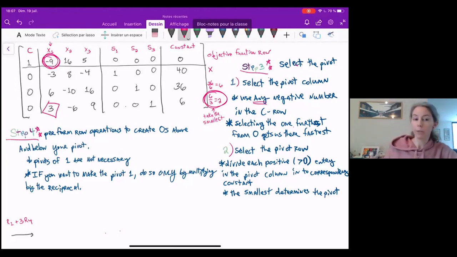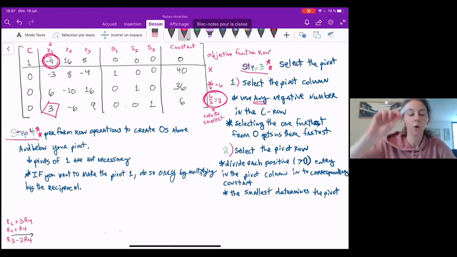So I'm doing row 1 plus 3 row 4, row 2 plus row 4, and row 3 minus 2 row 4. And that's going to make zeros in my pivot column. I'm also going to be changing everything else in all of the rows, including the slack variables and the constants.